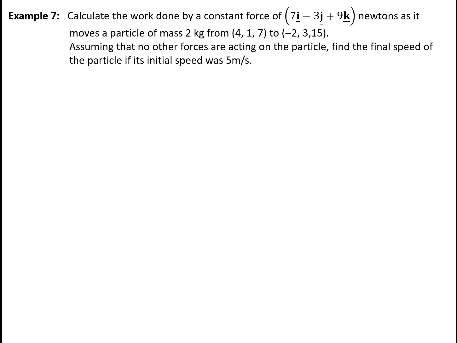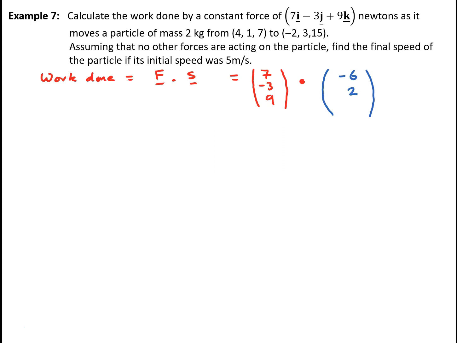Well, the work done by the force is F dot s. F is the vector (7, -3, 9), and s is the displacement as we move from (4, 1, 7) to (-2, 3, 15). Now in the x direction, the movement is 4 to -2, which is a movement of -6. In the y direction, we start at 1, we end up at 3, that's a movement of 2.